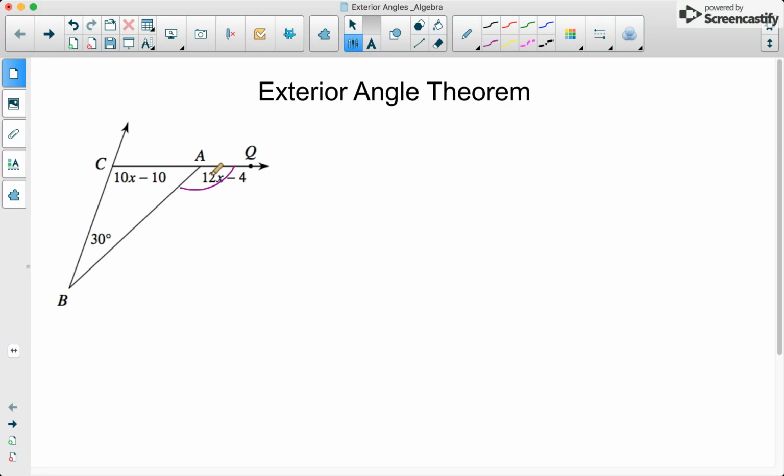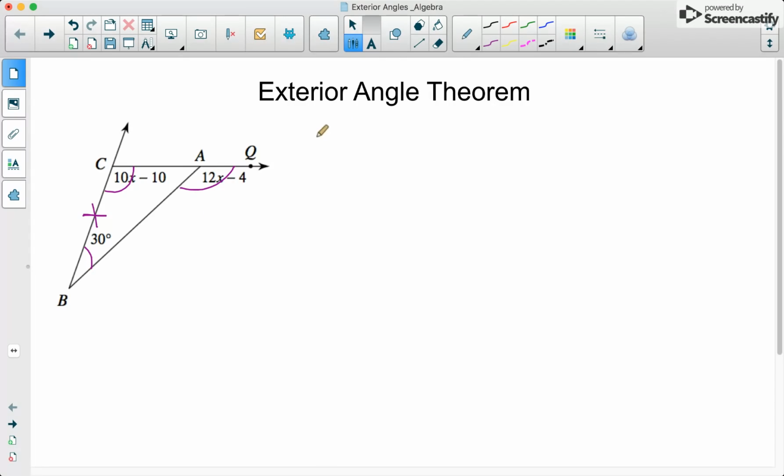And I also know that the exterior angle is always equal to the sum of these two angles over here, the two remote interior angles. So again, exterior angle should be equal to the sum of the two remote interior angles, the interior angles that are far away from this one.